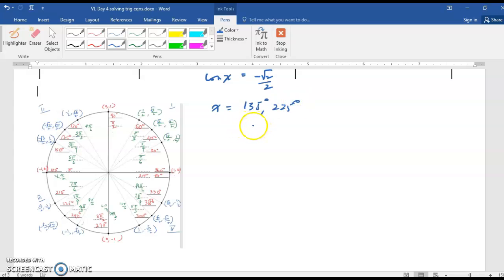And in radians, this will be 3 pi over 4 and 5 pi over 4. Whenever it falls into any multiple of 45-degree angles in the second and third quadrants, realistically speaking, that is the answer for this.